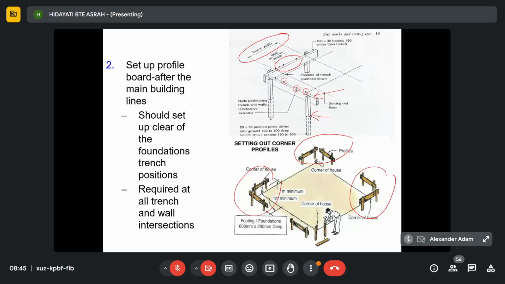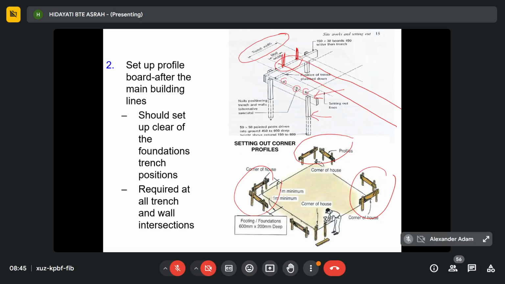Let's say this is your wall. So you have to mark on the start peg and the profile board to make sure that is the line for wall construction, or foundation, or trench, and so on.